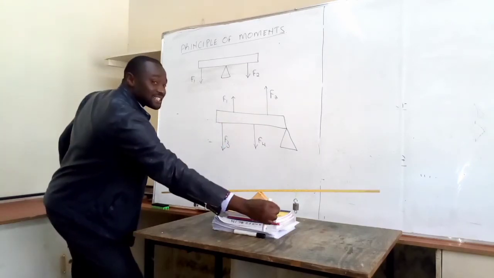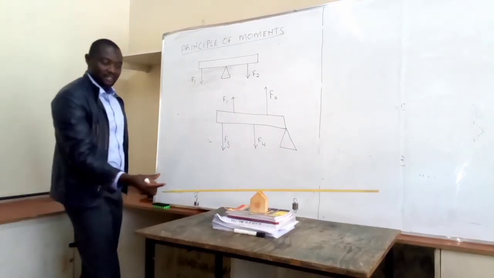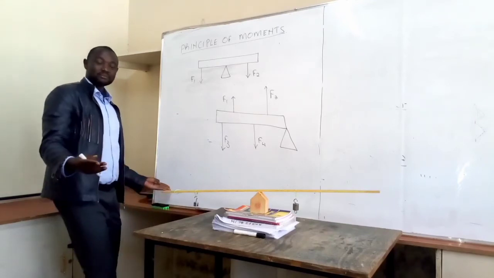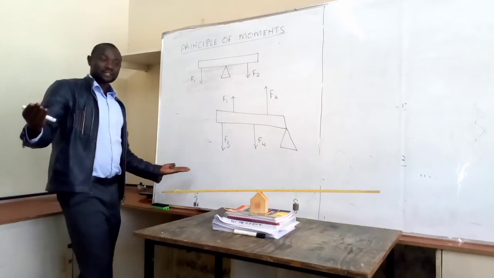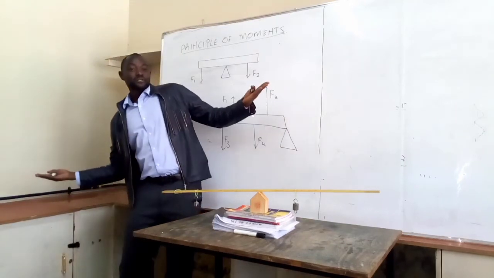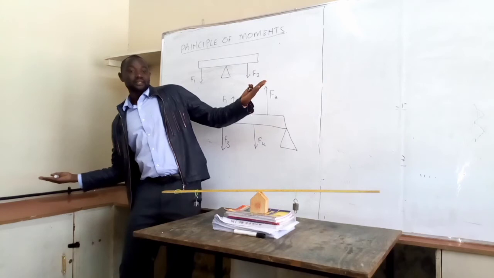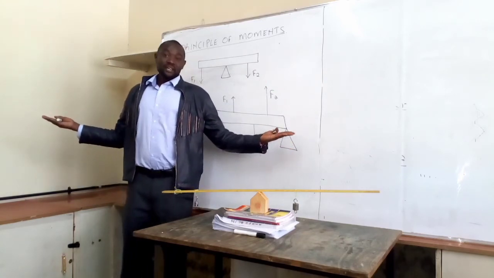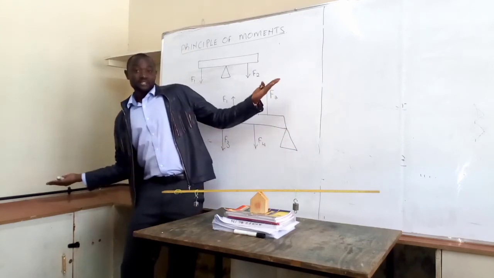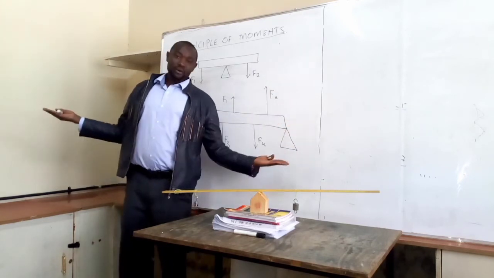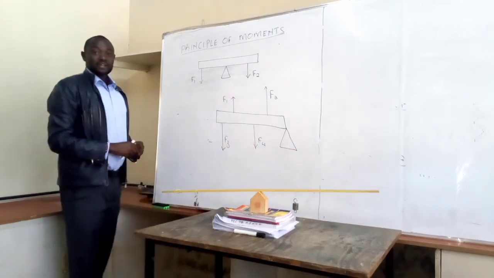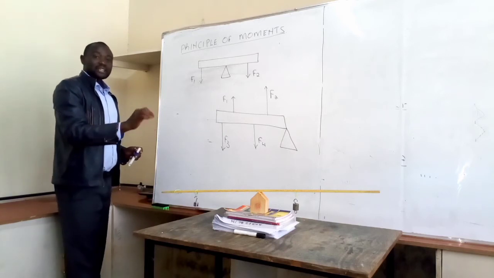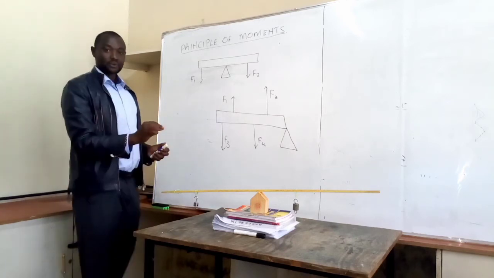The turning effect caused here is equal to the turning effect caused here. So the system will not turn anywhere, because the moment trying to turn it clockwise equals the moment making it turn anti-clockwise. In that case, we say that the system is in equilibrium.